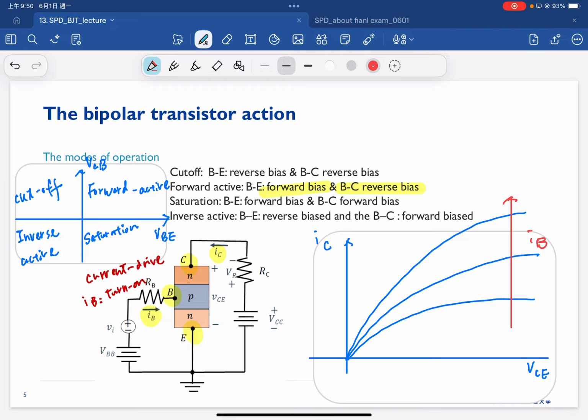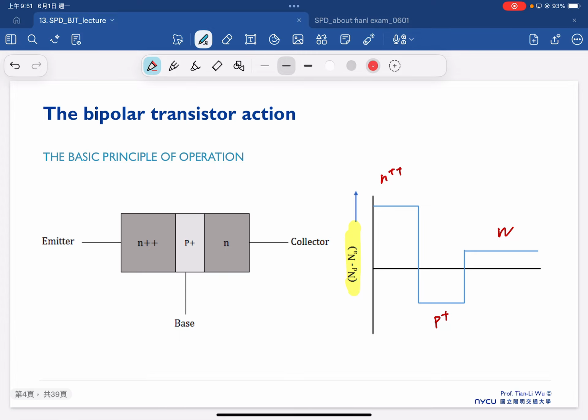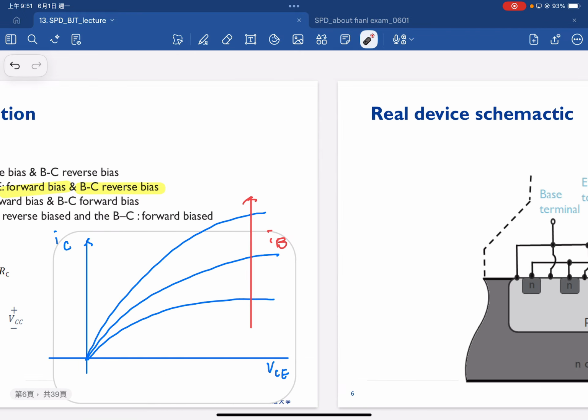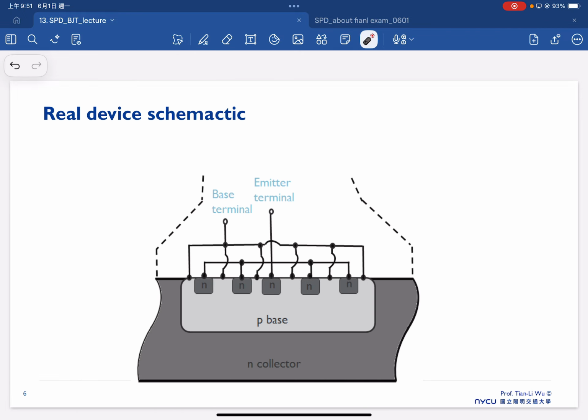Although normally we typically draw a BJT as shown here, with an emitter, base, and collector, in reality the device is fabricated as shown here, where we have the P base region, the collector, and these are all emitter terminals. So each one can be considered as one BJT.